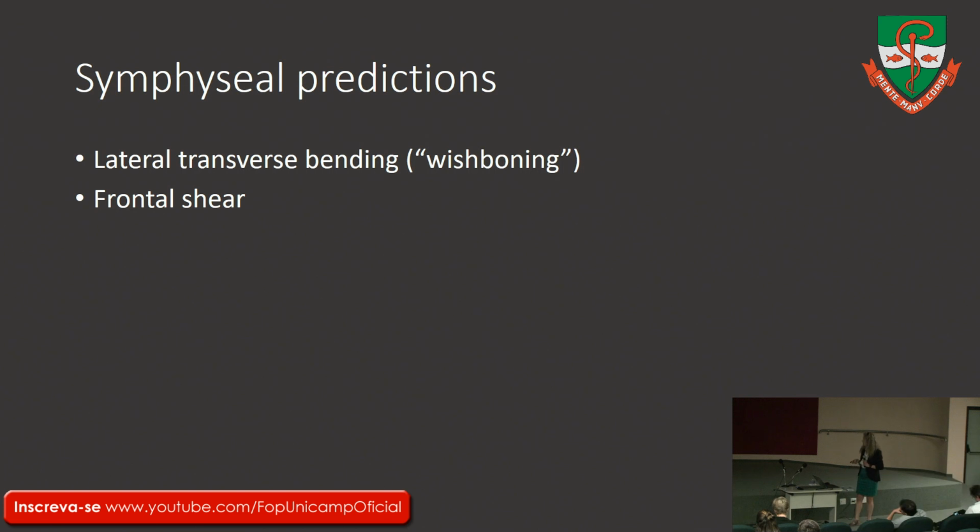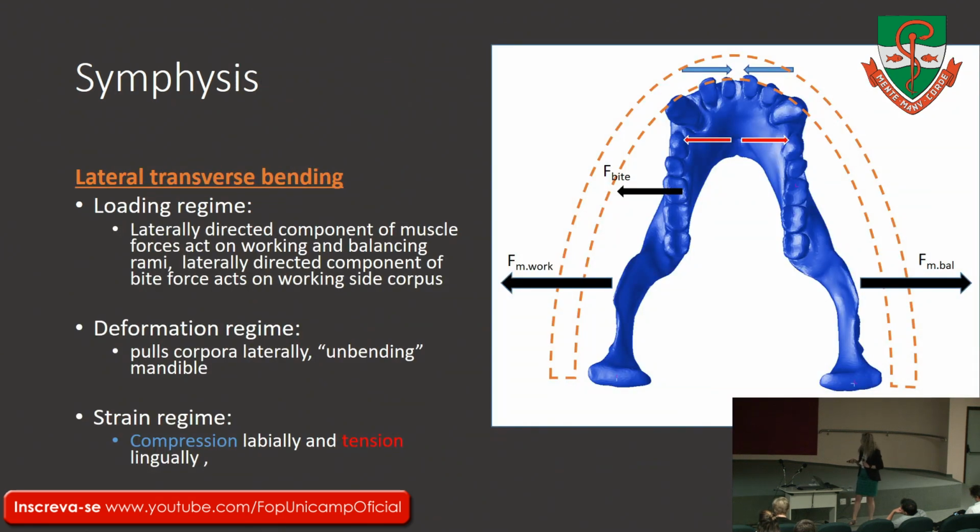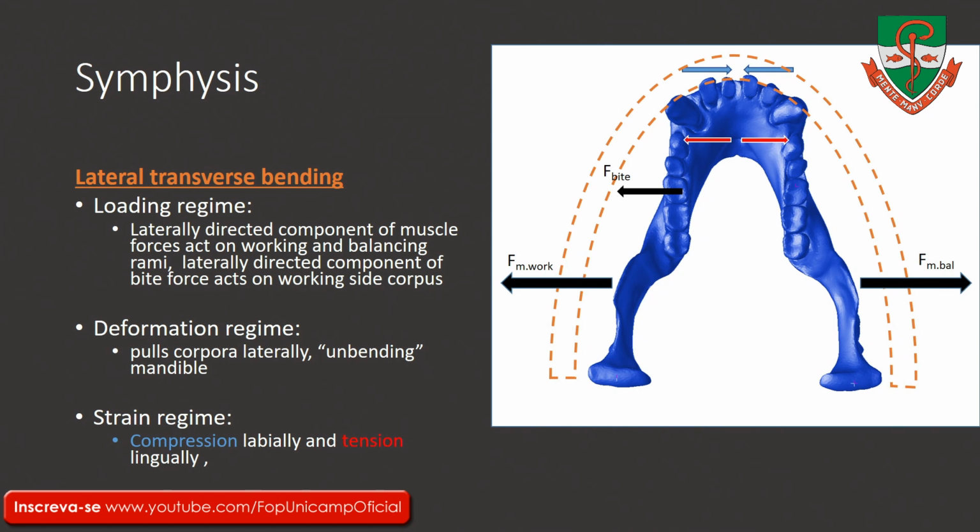Finally, we look at the symphysis. We're looking for lateral transverse bending, or wishboning, and frontal shear. So wishboning should result from the combination of laterally directed muscle forces acting on the mandible, and then the laterally directed bite force acting on the working side teeth.